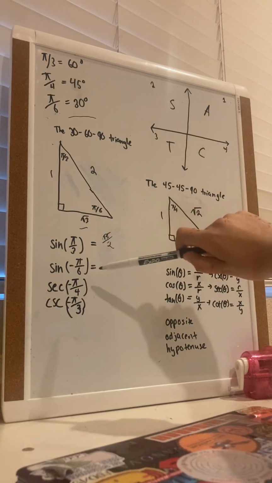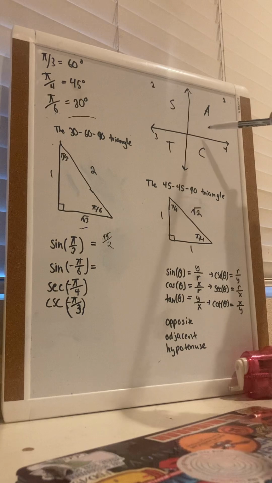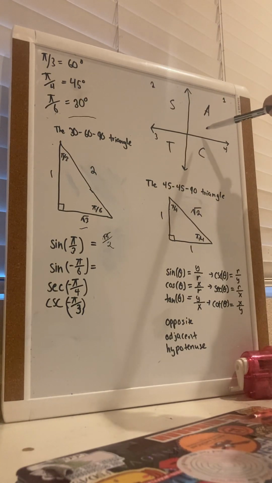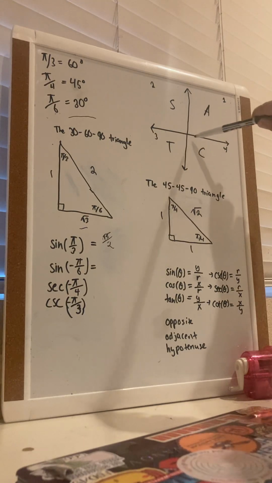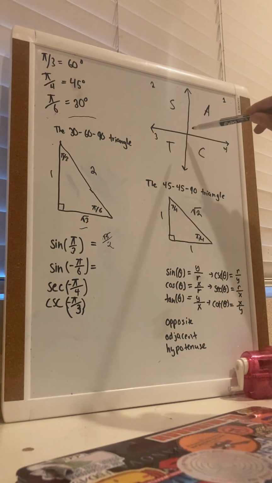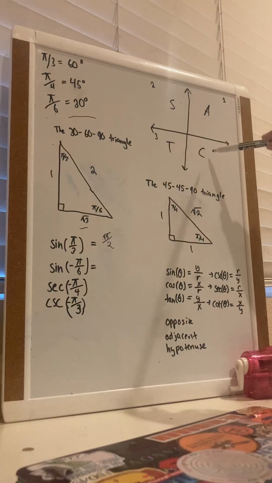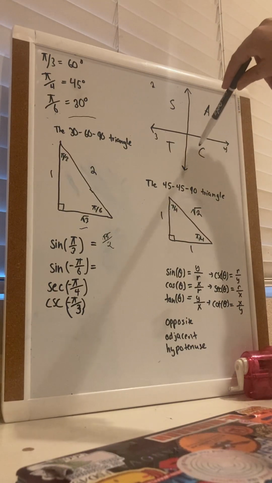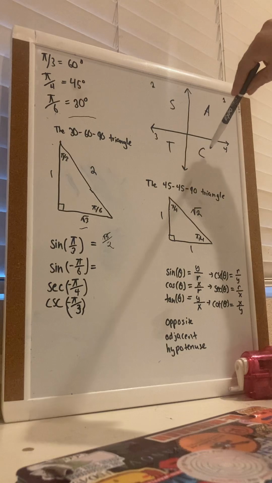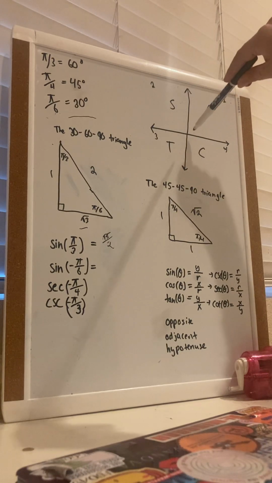So if we're looking at sine of negative pi over 6, instead of going pi over 6 this way, we're going negative, so we're looking here. Roughly, pi over 6 would be over here. I can't draw it because my whiteboard's going to fall. We know cosine is positive here, but that means everything else is negative.